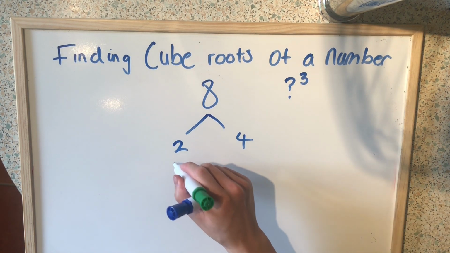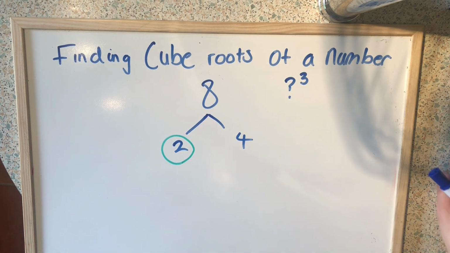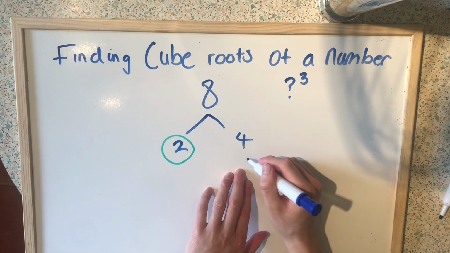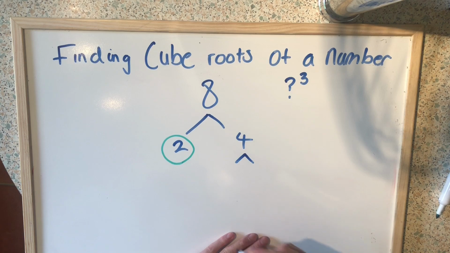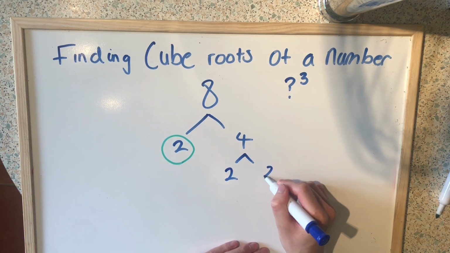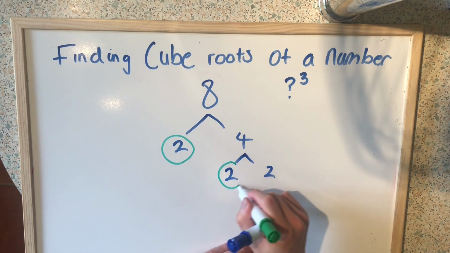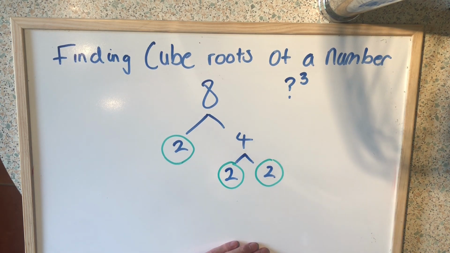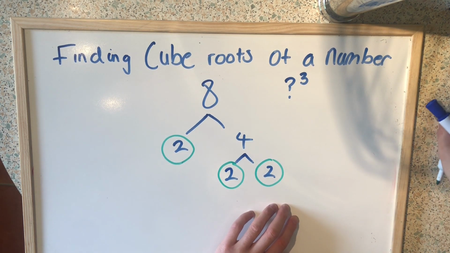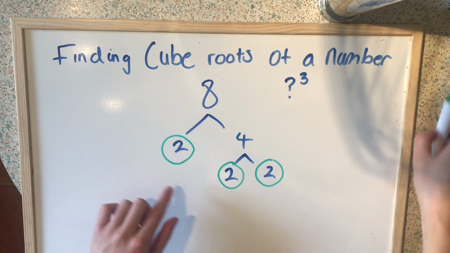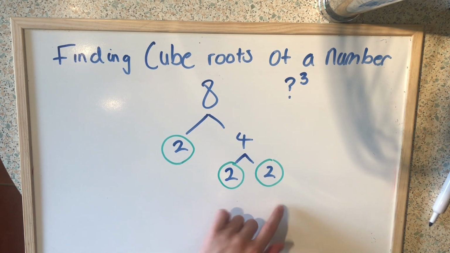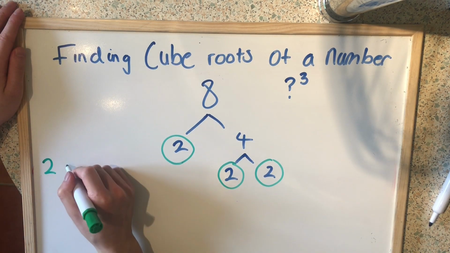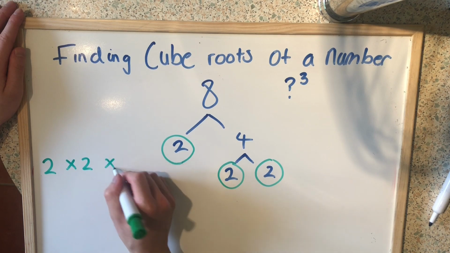So 2 is of course prime, and 4 isn't prime, but 4 can be split into 2 times 2, and they are prime. And that's it. So if we write this out, we've got 2 times 2 times 2.